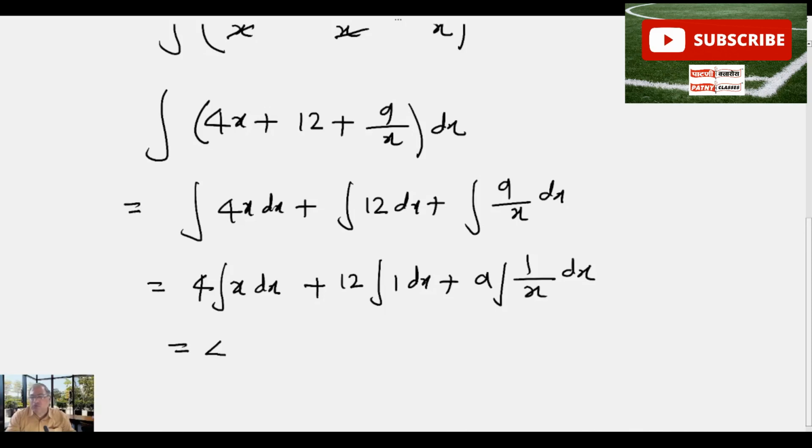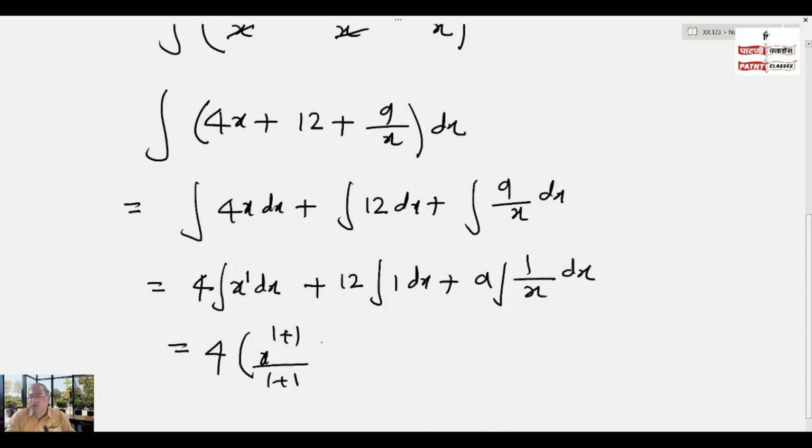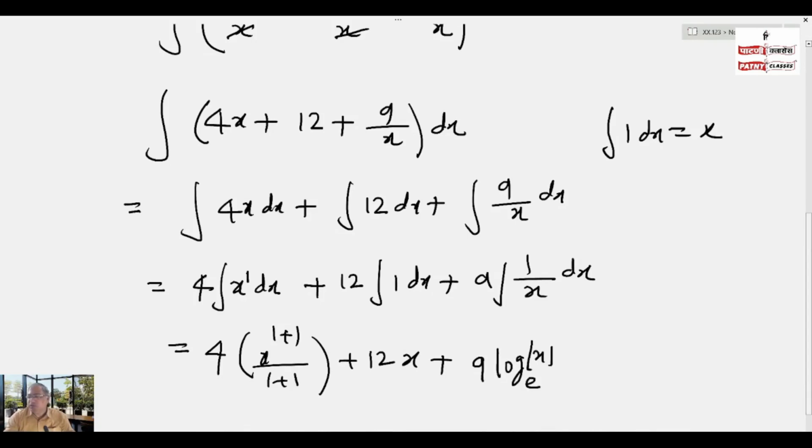So 4 integration of x raised to 1 is x raised to 1 plus 1 upon 1 plus 1, and integration of 1 with respect to x is nothing but x. So 12 into x plus 9, and integration of 1 upon x is nothing but log of modulus x to the base e.